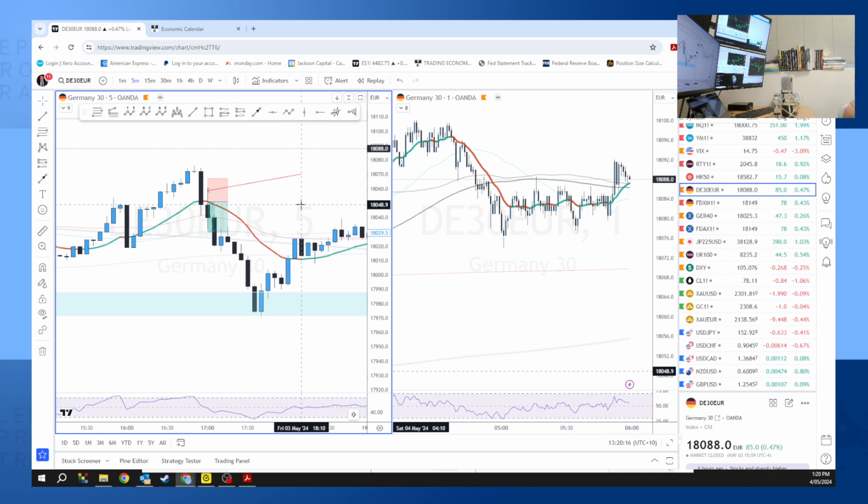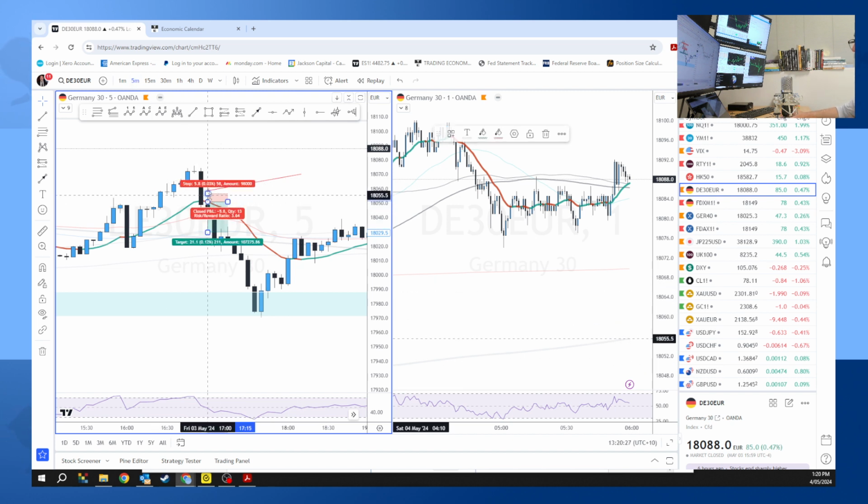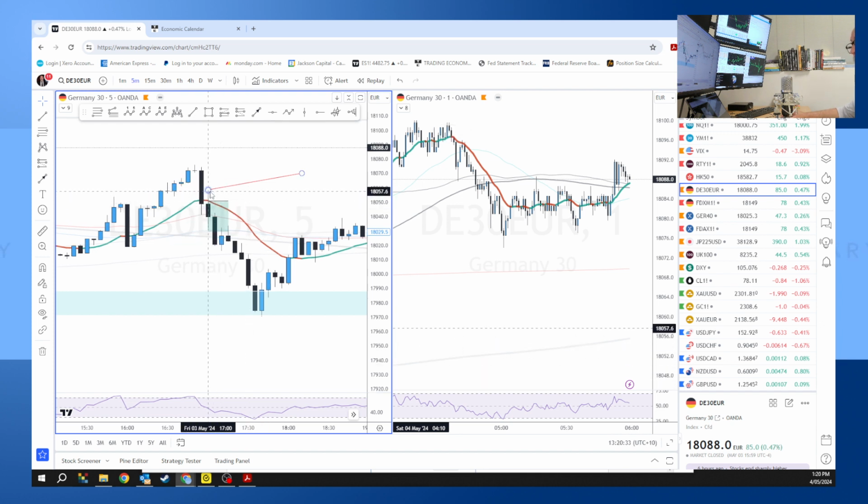On the flip side, when it does start moving in our direction, we've got the opportunity to pull the stop in. You can do one of two things: just leave it there and bring it to break even, or you can start trailing it down along with the regression line.